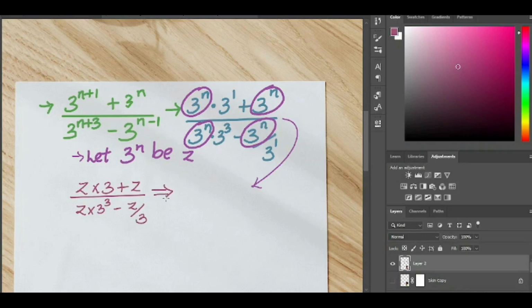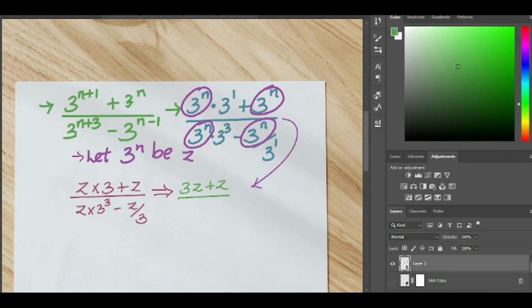So from here you can just do the normal board math. In this particular case we'll have 3 times z, which will give us 3z plus z, and then the whole thing over, 3 cubed is the same as 27.